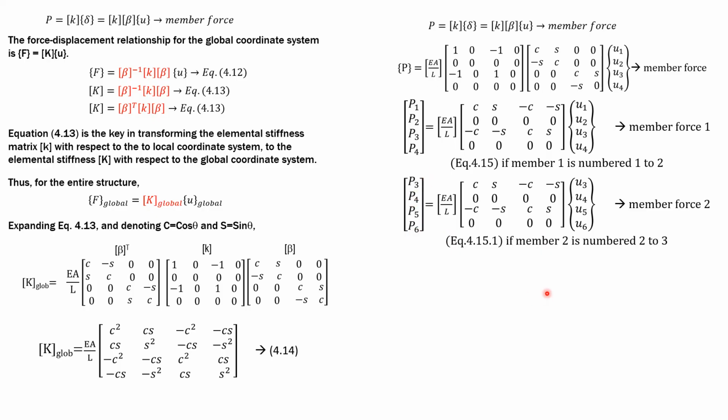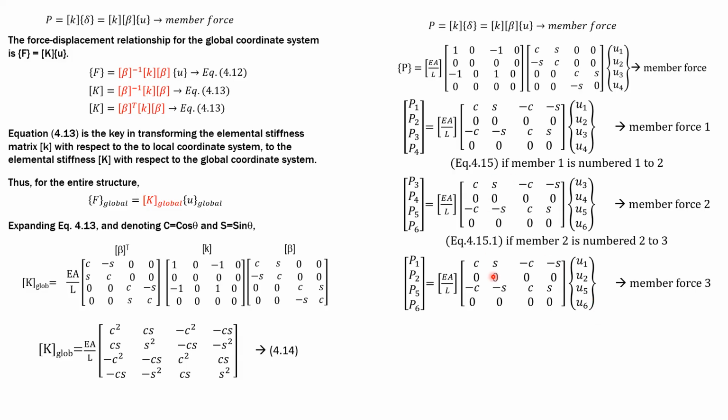Then for member 3, if it is numbered 1 to 3, then it is P1, P2, P5, P6. Then we have EA over L, same beta matrix. By the way, this is the product of this matrix and that matrix. And you have here U1, U2, U5, U6, if member 3 is numbered 1 to 3.